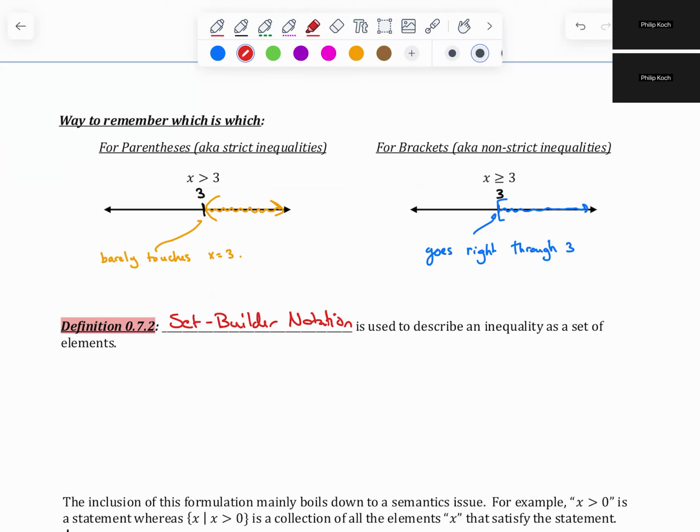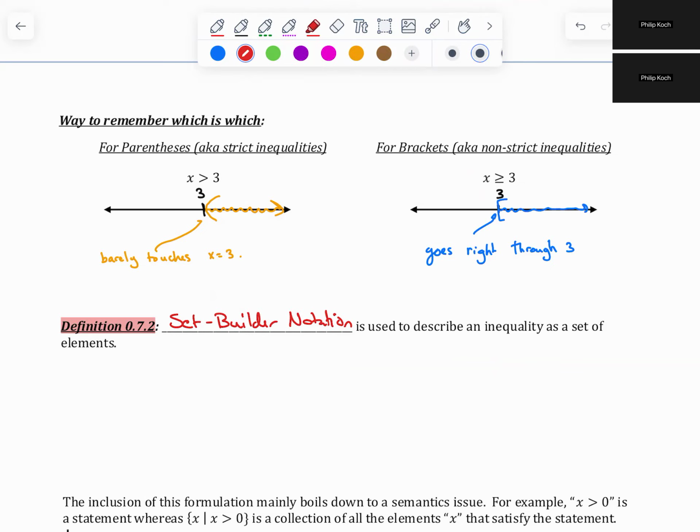This is very, very useful in upper division mathematics. There's a whole field of mathematics called set theory, and so being able to write things as sets is very, very useful. Interval notation is writing it as a set. It's just not as constructed as set builder notation.